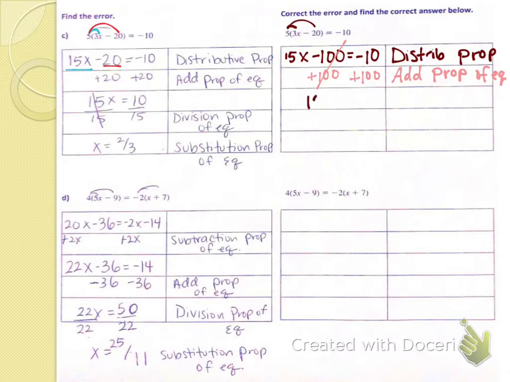So then we have 15x equals, what is 100 minus 10? 90. All right, and then my next step, divide by 15. So this is the division property of equality.